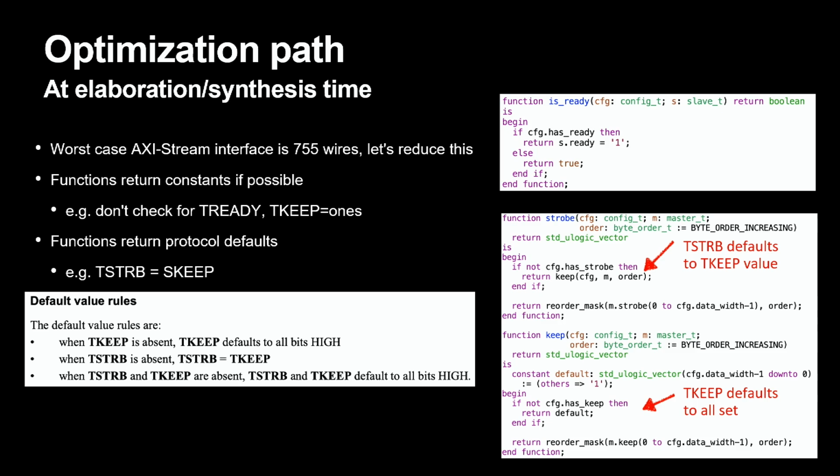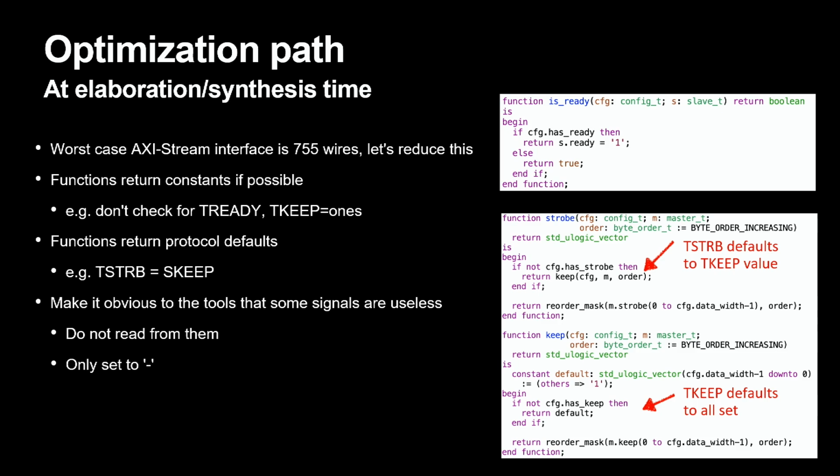That means with just port mappings, when we do a generic model, we cannot implement this properly without having conditionals in the actual code that reads from the signals, because the default value of one port cannot be the other one. But here we can do this because the function that is supposed to dereference strobe information out of the signal has access to all the subsignals. So it can fall back to keep by default.